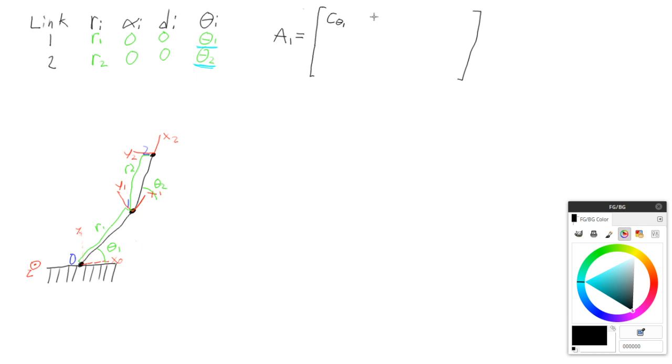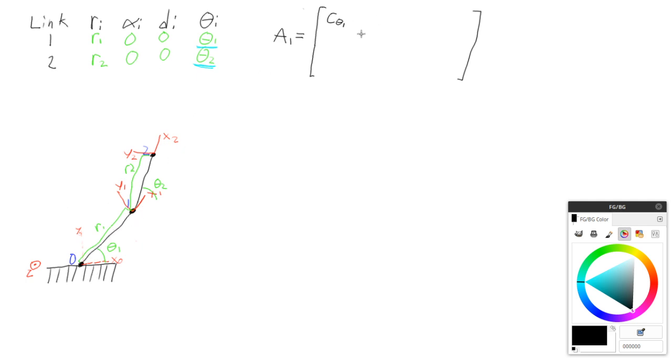And then the next one is negative sine theta 1 cosine alpha 1. And alpha 1 is a 0, and the cosine of 0 is just 1. So we don't have to put that on there. We can just assume it's a 1. Because this alpha is not variable. We're not rotating out of the page anywhere.